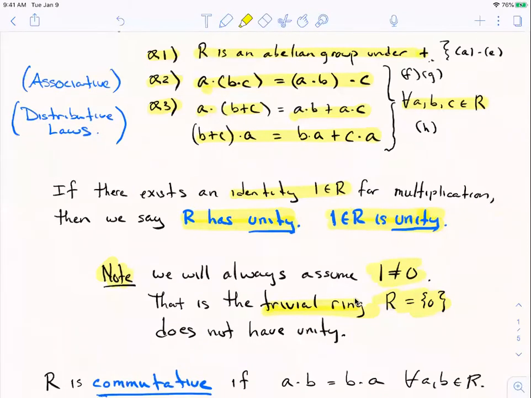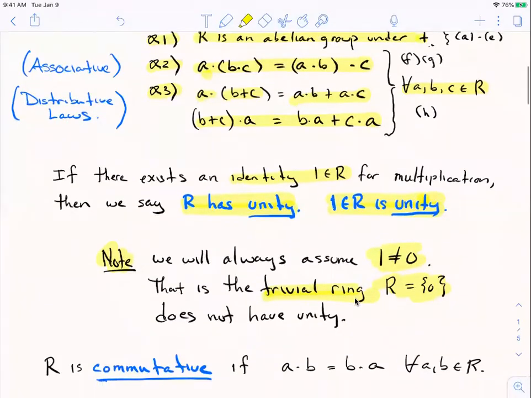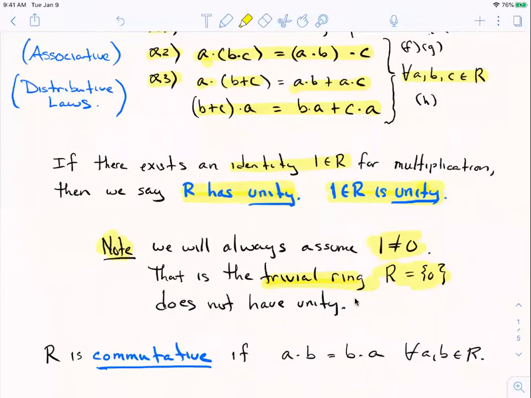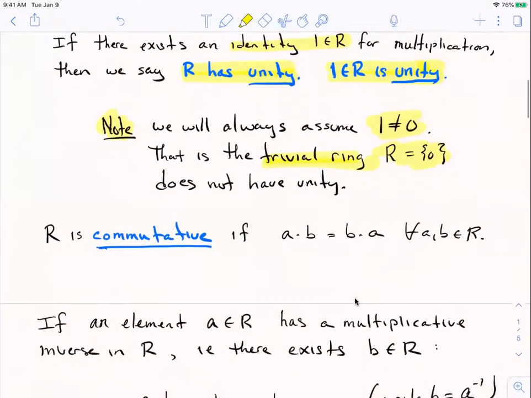When we talk about rings with unity, we always mean that the multiplicative identity and the additive identity are different. All right, so the trivial ring doesn't have unity. Maybe I'll assign you an exercise. It's not that hard to prove that if you have a ring in which the multiplicative and additive identity are equal, then the ring has to be trivial.